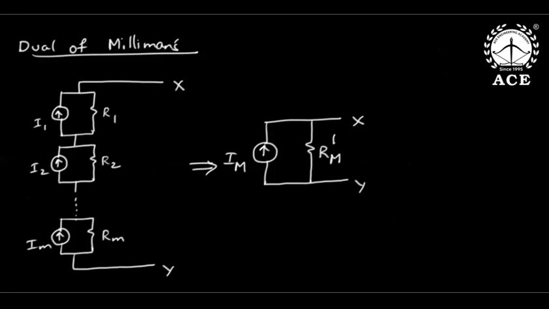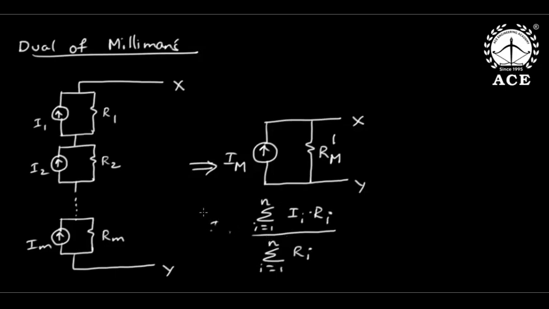Now this Millman's current source value is sigma Ii into Ri, i taking the value from 1 to n, by sigma Ri, again i from 1 to n.